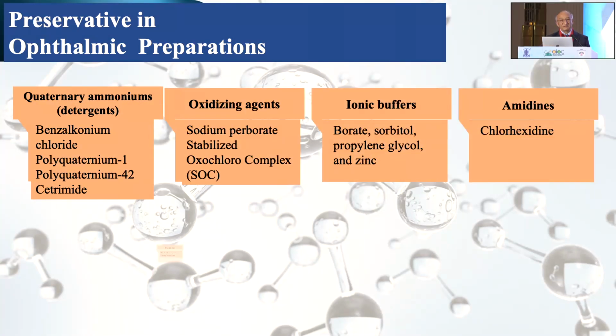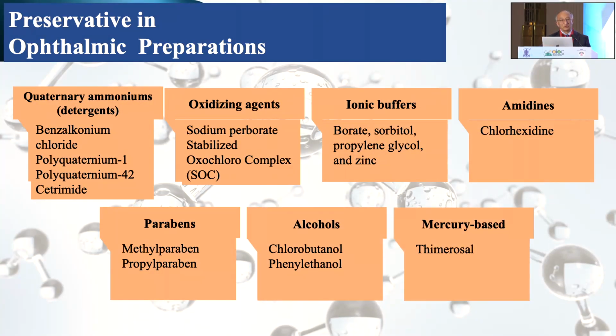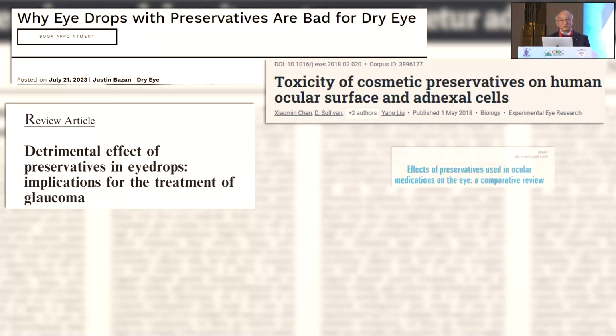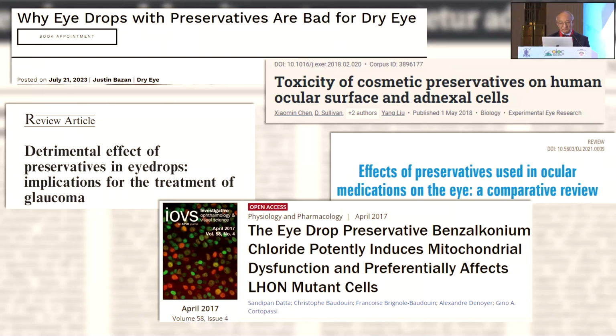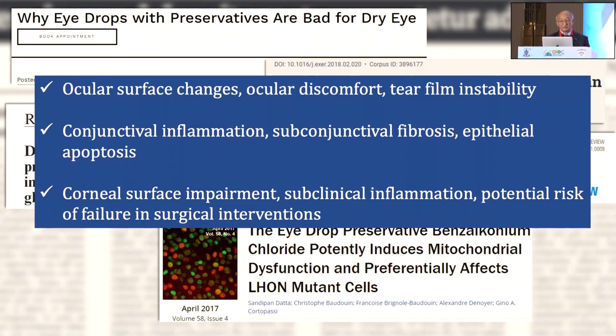So these are various preservatives which have been used for ocular therapeutic drops. And we all know these preservatives are going to damage the ocular surface very, very seriously sometimes, which can cause discomfort, tear film instability early.